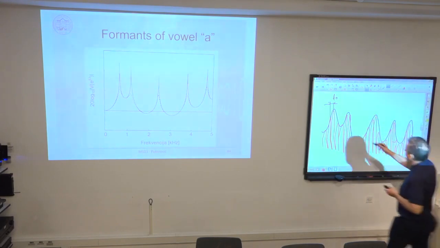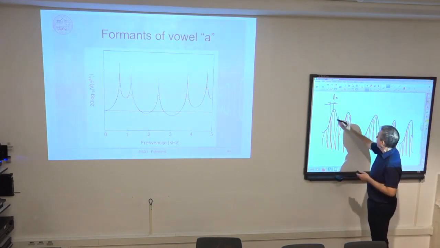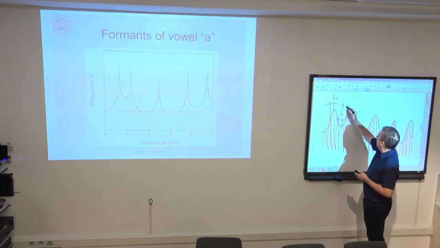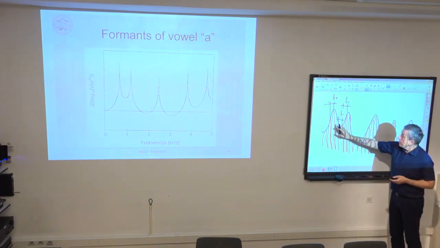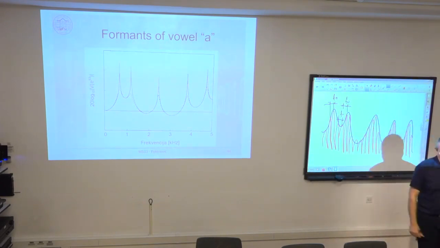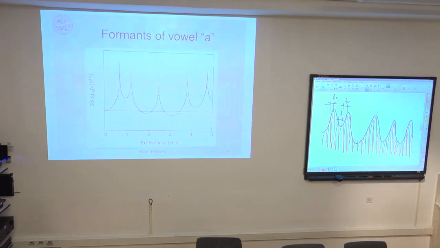And so if I compute this difference for any pair of harmonics, it will always be F0. So I have this harmonic structure. I have integer multiples of F0 in the spectrum, and their peak amplitude is defined by this blue curve. And this blue curve is the formant structure.